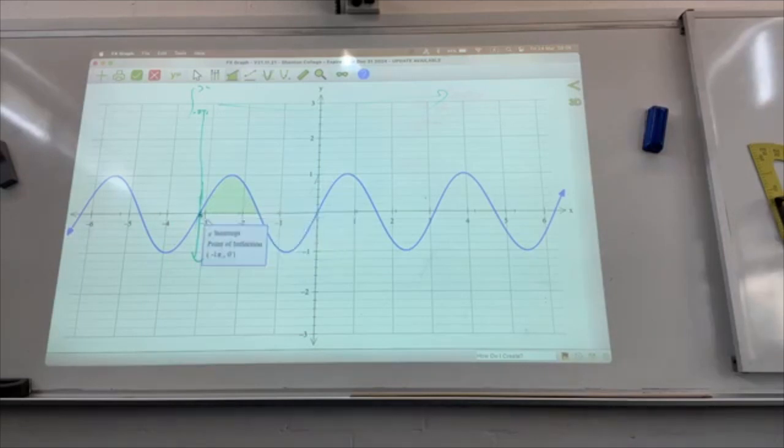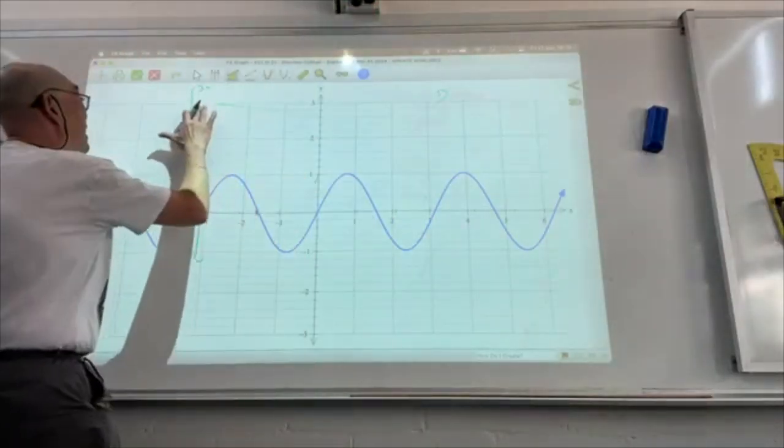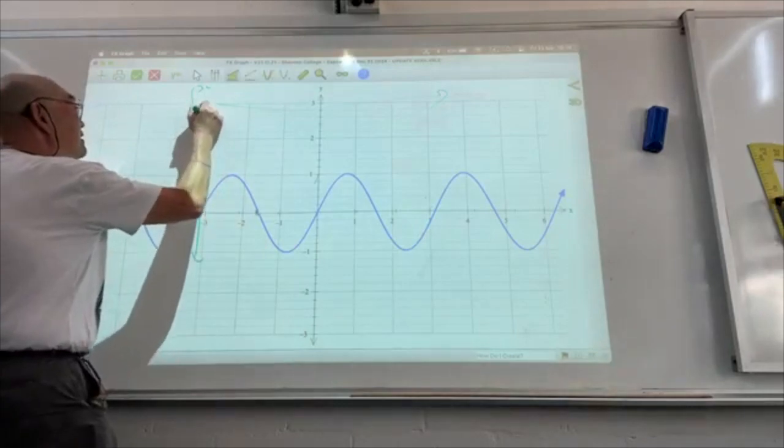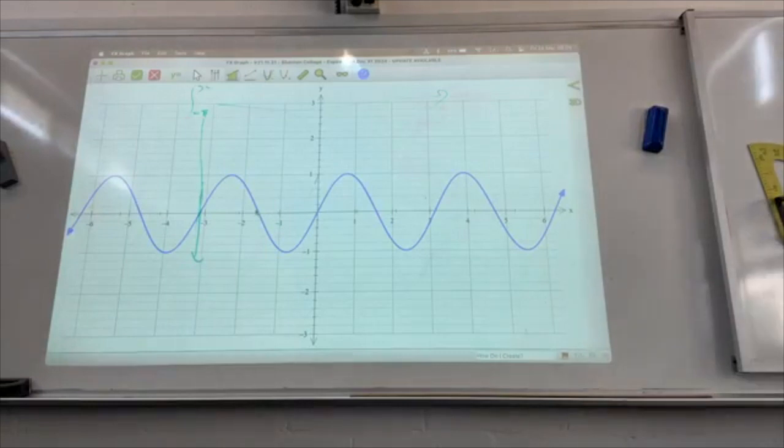Oops, not 2 pi, 2 pi is here, minus pi. Alright, minus pi onwards. So if you look at from minus pi, just let me show you minus pi all the way to somewhere here.